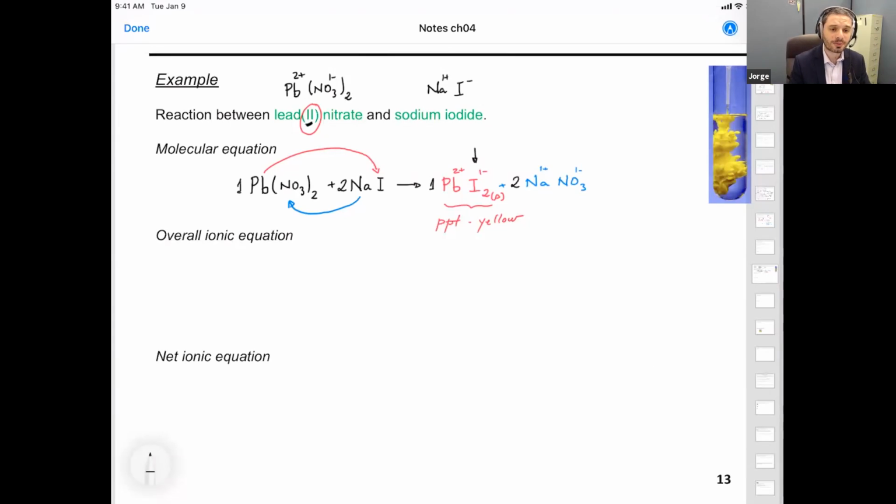Okay, so now let's move on to the overall ionic equation. The secret here for the overall ionic equation is to pre-react the reagents with water, and that will cause the formation of ions if the salt is soluble. So let's start here with lead nitrate. If this salt is soluble in water, we are going to split the cation and the anion.